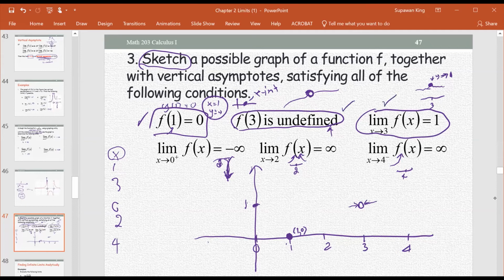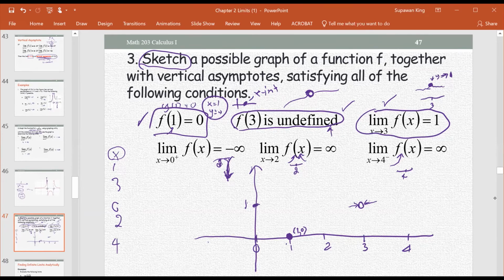And now the last three limits. Limit as x approaches 0 from the positive side equals negative infinity. Limit as x approaches 2 from both sides, the function approaches positive infinity. Limit as x approaches 4 from the left equals positive infinity.